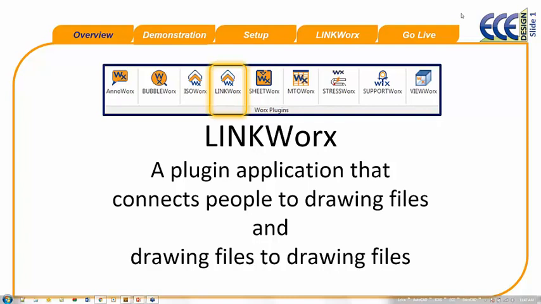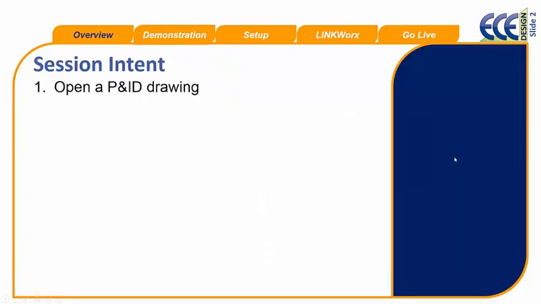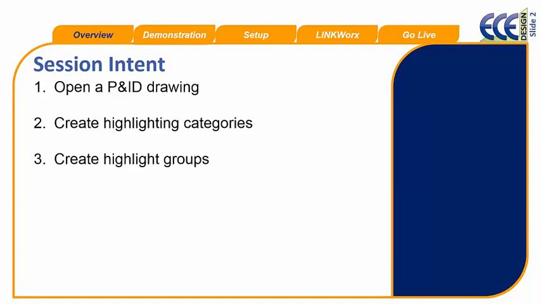So let's go ahead and get started here. Really the session intent is to open up a P&ID drawing. We're going to create some categories. Then underneath the categories such as inspection, MOCs, stress systems, we're going to create some groups. And today the groups will be based upon line numbers.